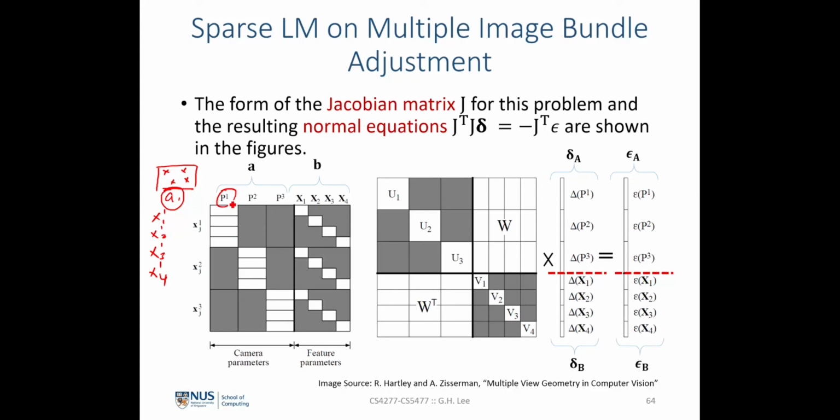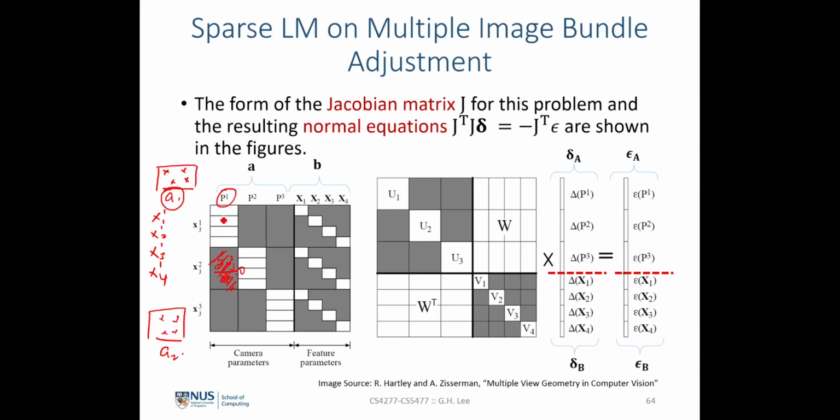Since p1 is the parameter of the first image, if in the second image we were to see also 4 points projected onto this particular image, which we denote as A2 or P2 in this case, we can see that P1 is not going to affect the reprojected points in the second image. Hence, all the entries over here, the partial differentiation of del x2j over del P1, are going to be 0 in this block.